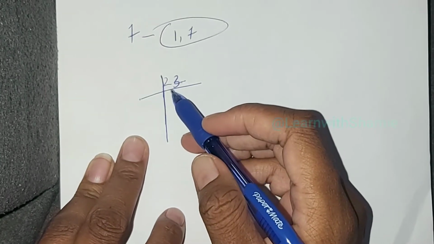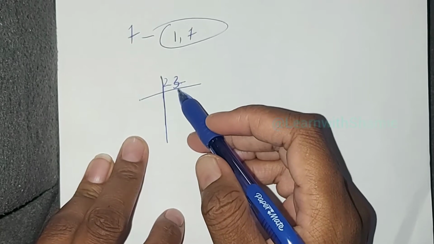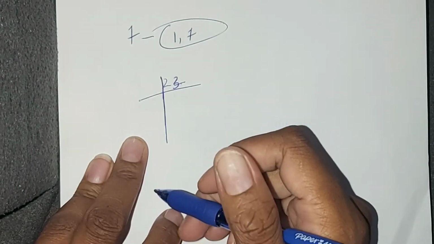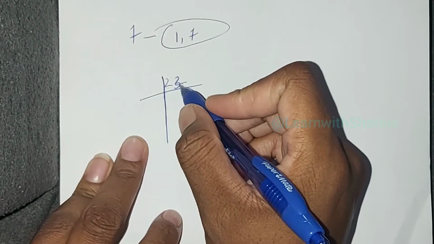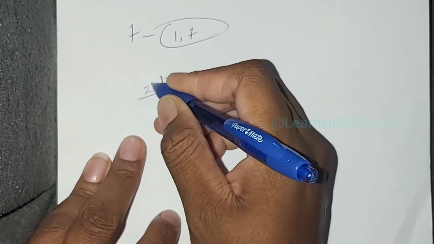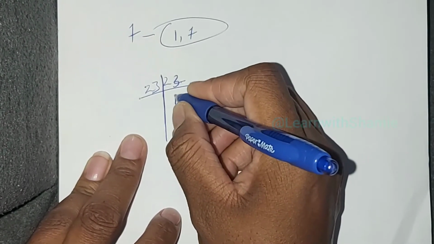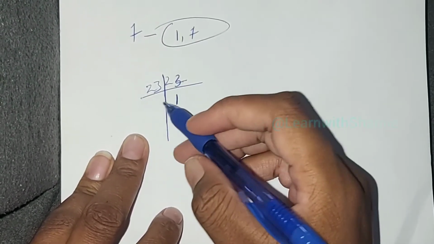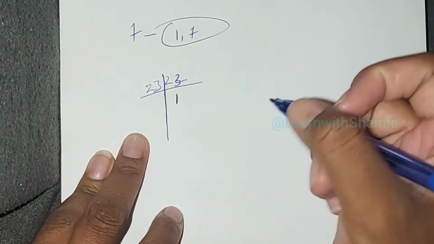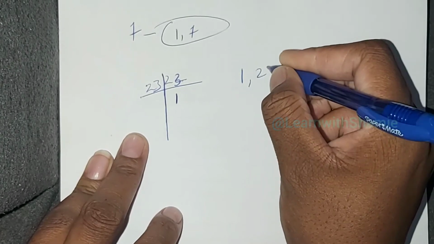So the next prime number to try is 3, and 3 cannot go into 23 without leaving a remainder. So there's no prime number that can go into 23 without leaving a remainder except 23. So 23 into 23 goes one time. So the prime factors of 23 are 1 and 23.